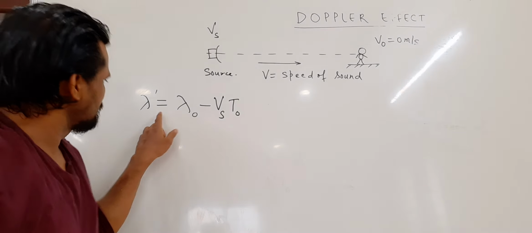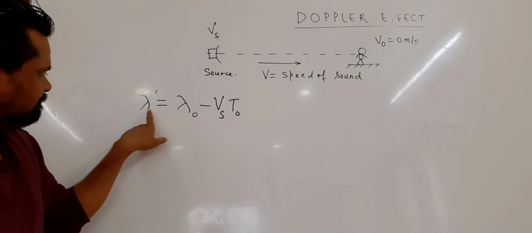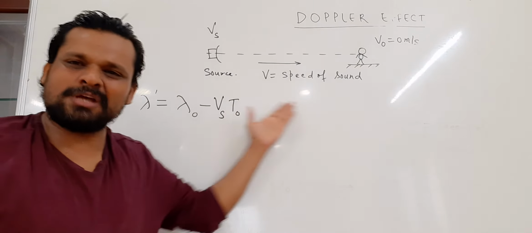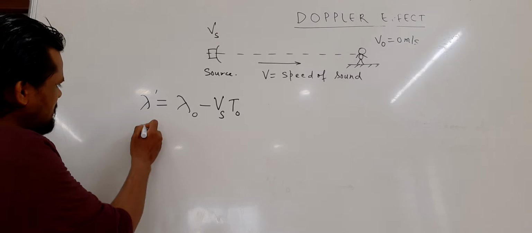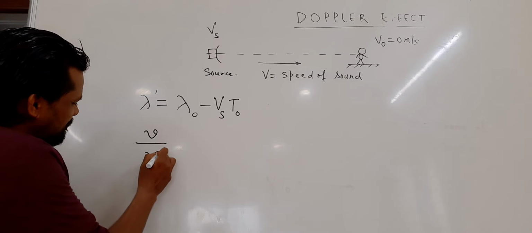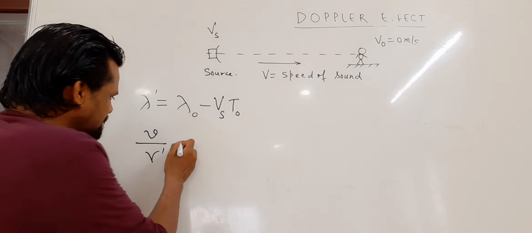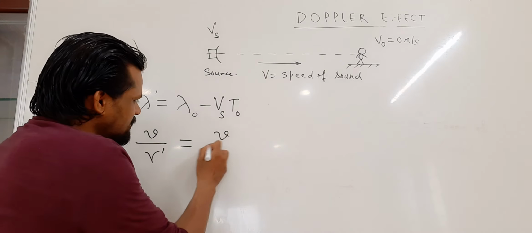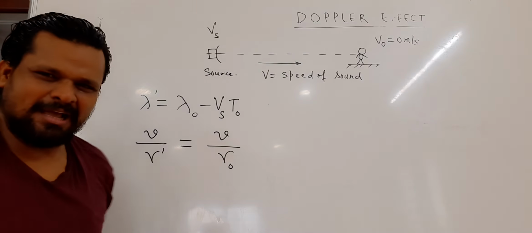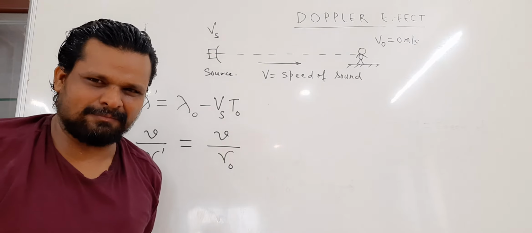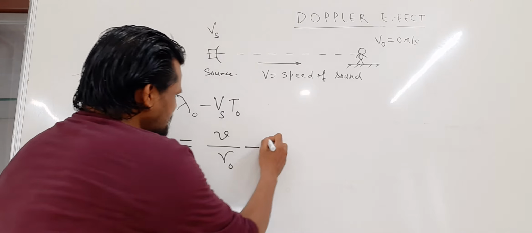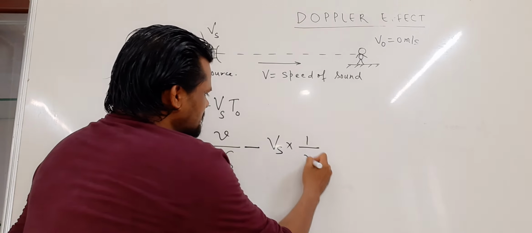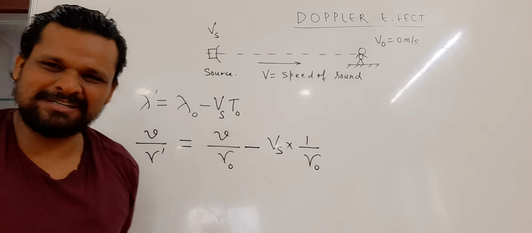So here, this is the observed wavelength by the observer. Write the velocity of sound divided by nu dash. Again, here lambda naught is the velocity of sound divided by the actual emitted frequency of the source, and in place of T naught, write 1 by nu naught.